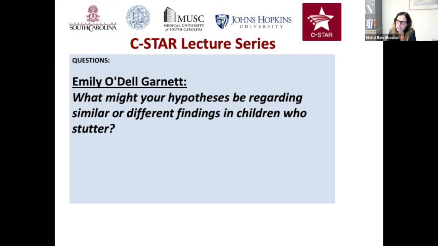This is just my general thoughts about which differences that we see in adults reflect coping strategies, and which ones are more directly related to the etiology.